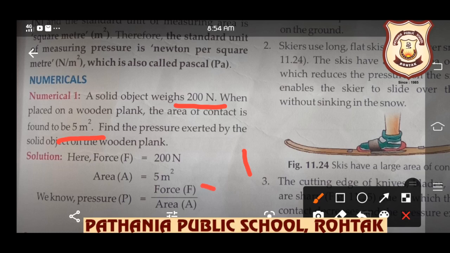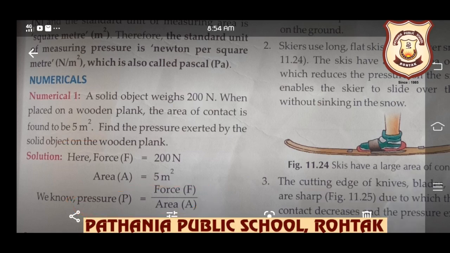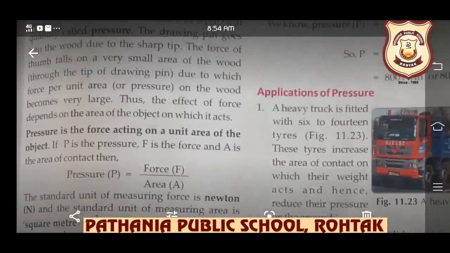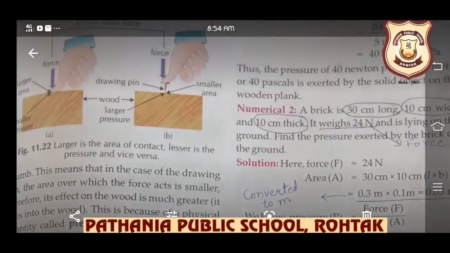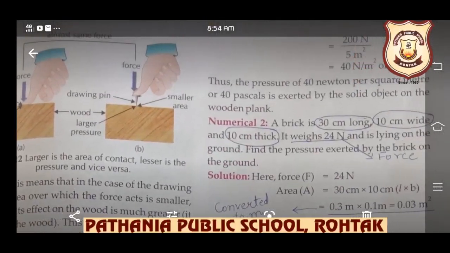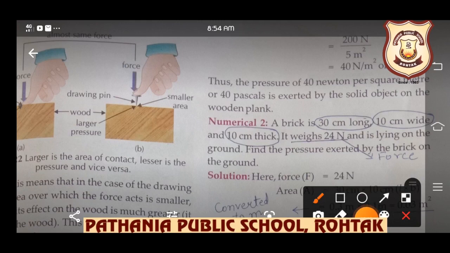When placed on a wooden plank, the area of contact is 5 meters square, meaning the area is given 5 meters square and the force is given 200 Newton. We can find out the pressure, force upon area. What does this mean? That force we have taken 200 and area we have taken 5 meters square.